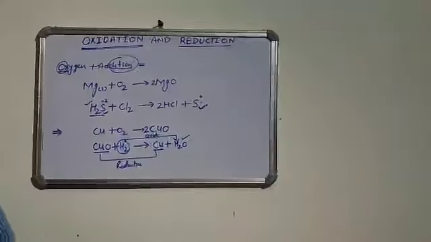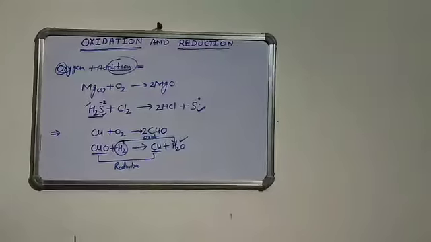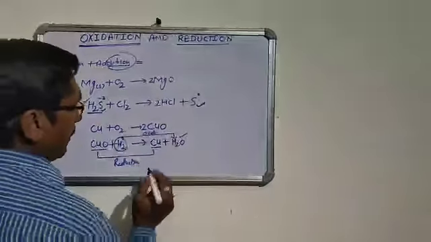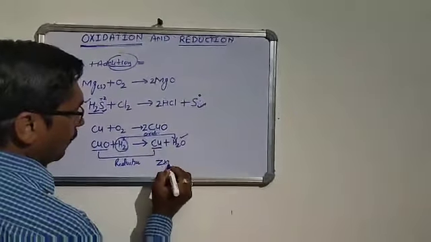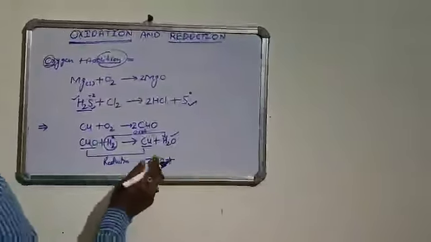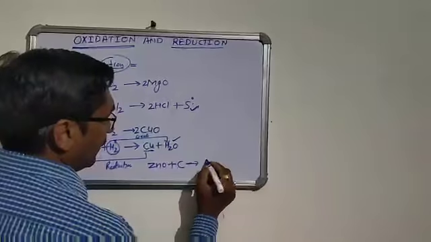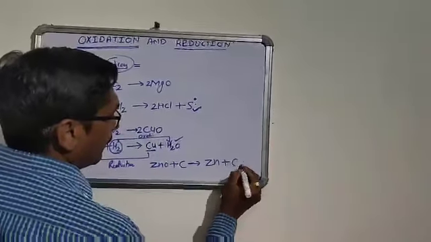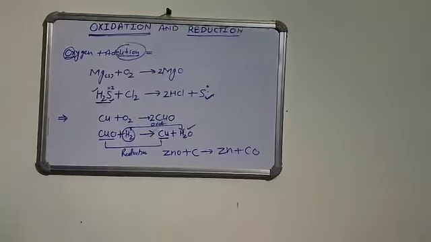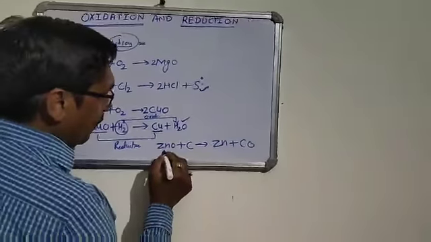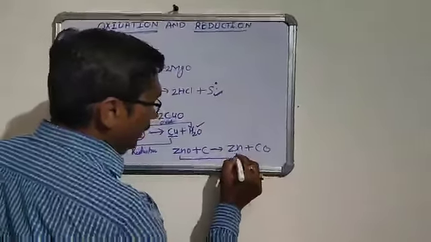And another example. Next example is ZnO plus C is converted into Zn plus CO. Now in this case, zinc oxide is converted into zinc.